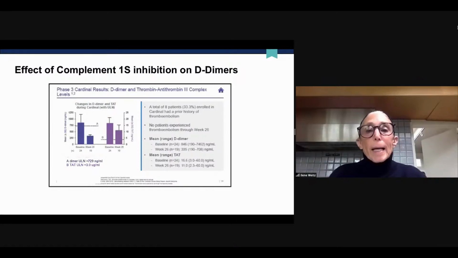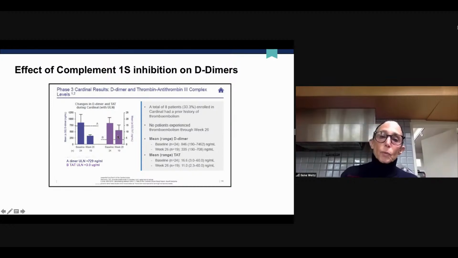So this really hasn't been presented yet, but I thought I would tease you with this. As part of this study, we did look at D-dimers and antithrombin III complexes in these disorders, and you could see that they tend to be high in patients with cold agglutinin disease. And this is at week 26. You could see there's a marked reduction in D-dimer, and there's a reduction in TAT.